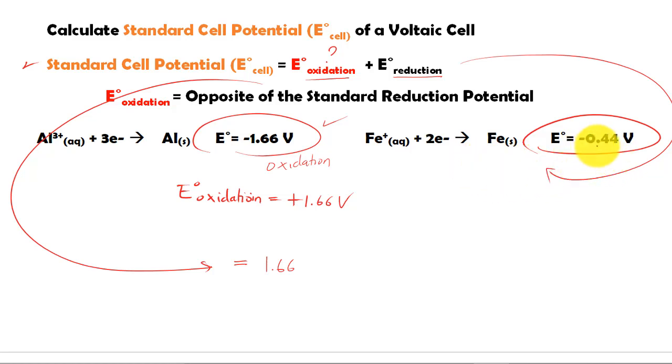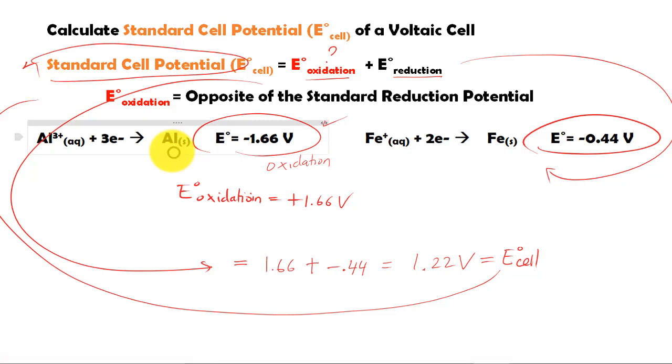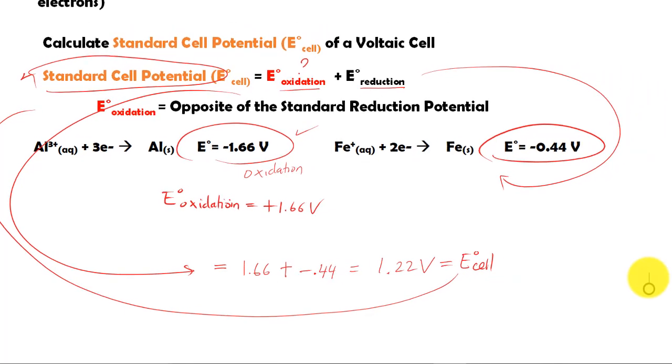In this case, it would be negative 0.44. So we add negative 0.44, and that turned out to be 1.22 volt. And the 1.22 volt, that would be your E cell, which is your standard cell potential for this voltaic cell system that consists of this half cell and this half cell.